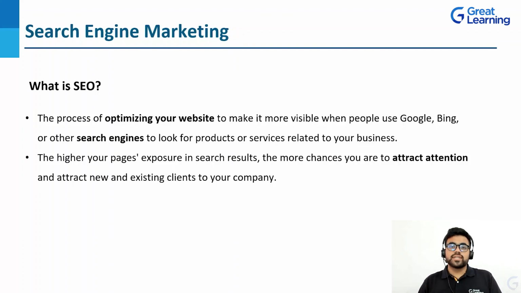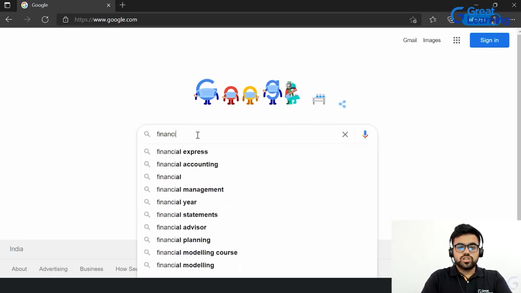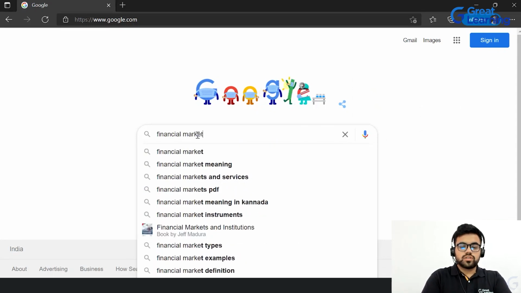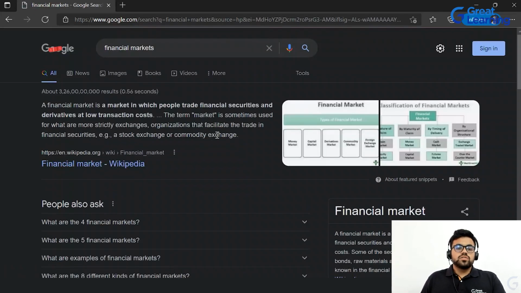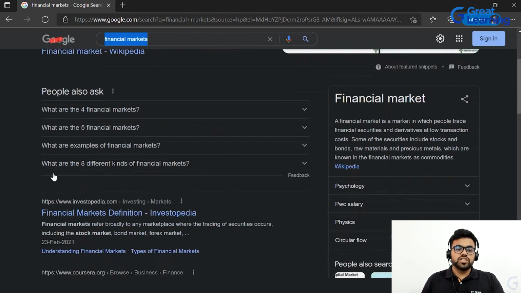Now let's look at an example of what search engine optimization is. Let's just say I search something on Google. Let's say I search for financial markets, right? So it tells me about the stuff that is related to financial markets.